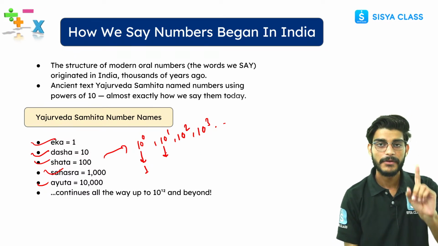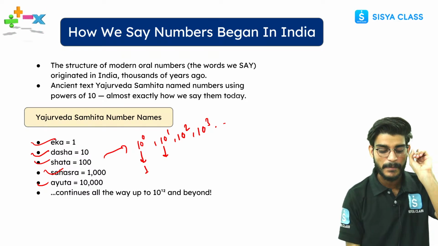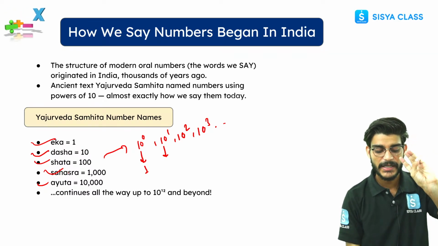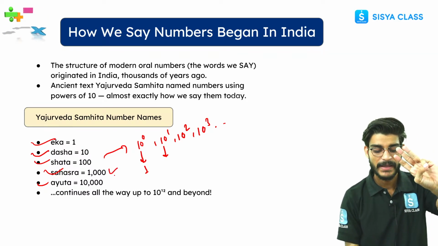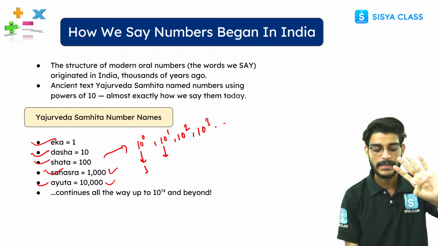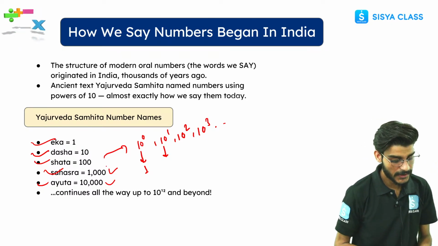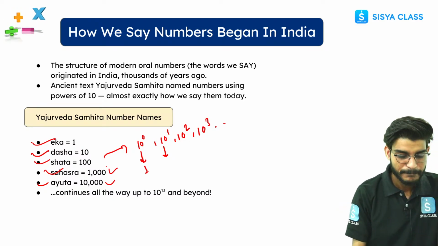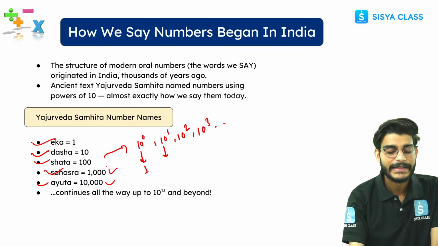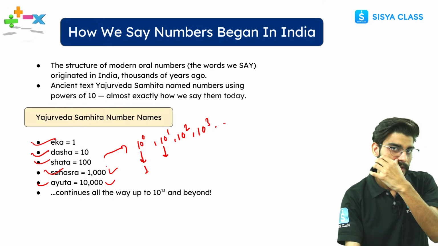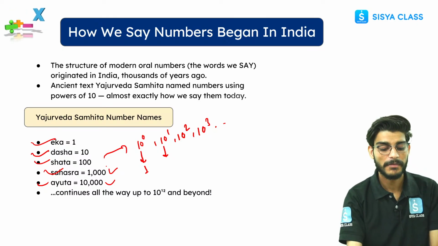Base 10 power 1 is Dasha, power 2 is Shata, power 3 is Sahasra, power 4 is Ayuta. Clear? So this is how numbers began in India. But they took the base 10 only, so there were some problems.